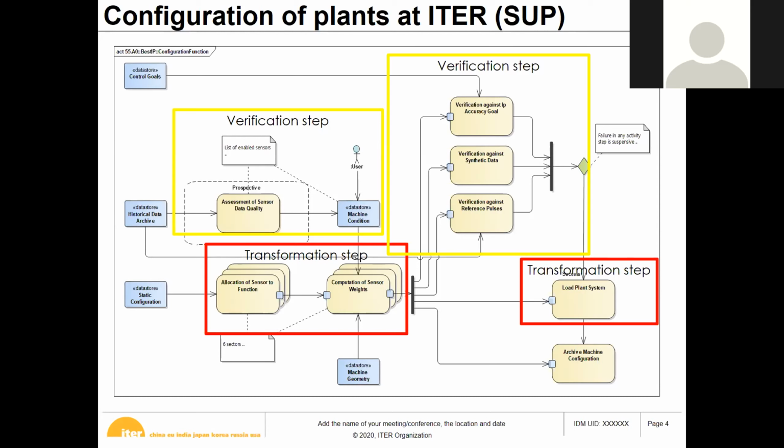We could make a mistake. We could use data that has not been commissioned properly and try to run a 15 megaamp plasma with unknown parameters. Okay, and the problem is that ITER operates fully autonomously once the pulse is loaded, and after loading these parameters to the system, all operation is fully autonomous.